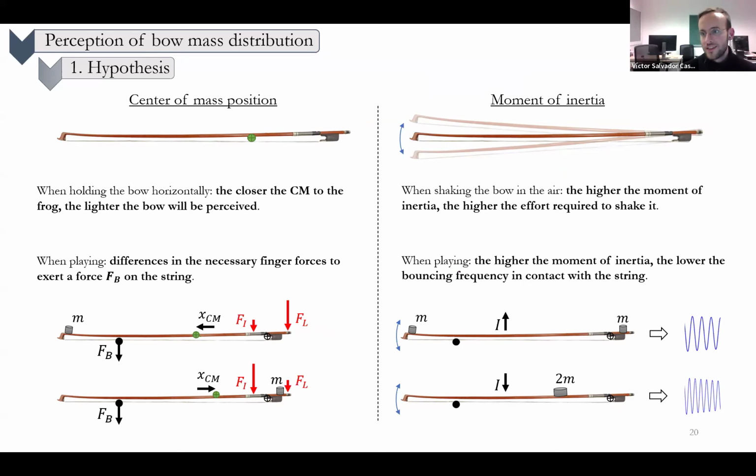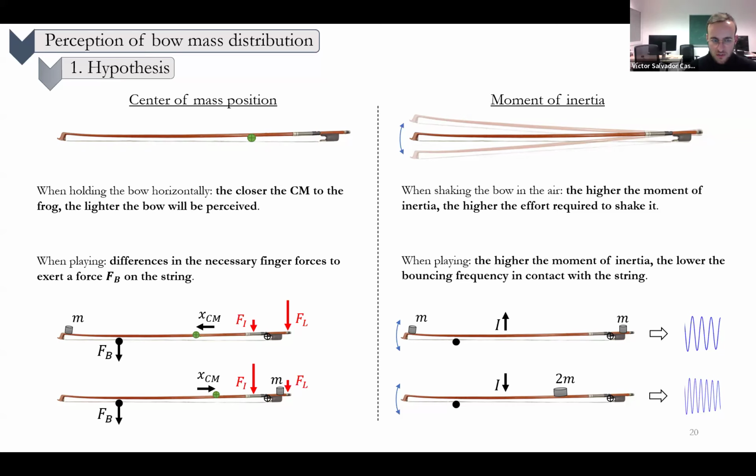We will feel the same. If I hold the bow like this, the weight of the bow will fall directly onto this way, no matter if the center of mass is at the tip or at the frog. And it is maximal when it is horizontal.